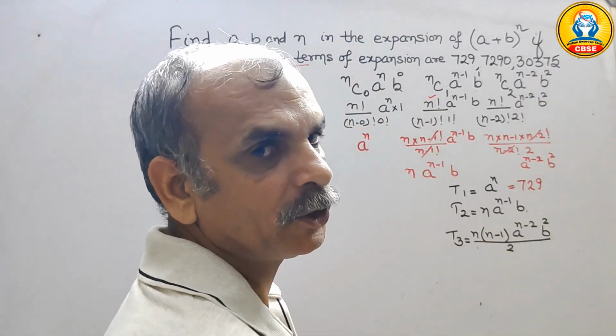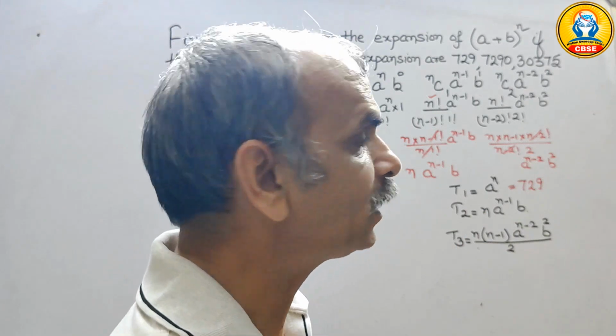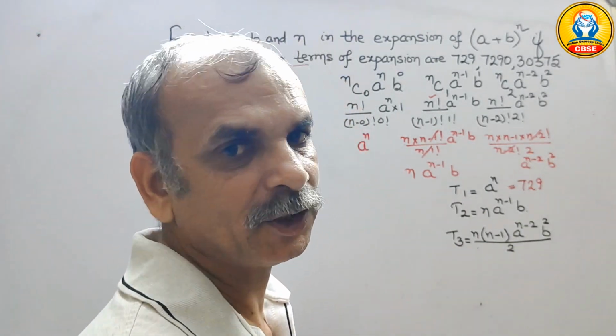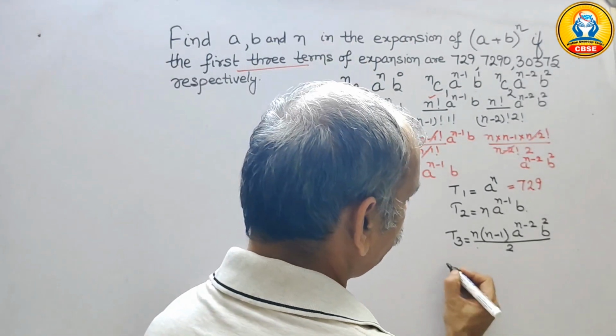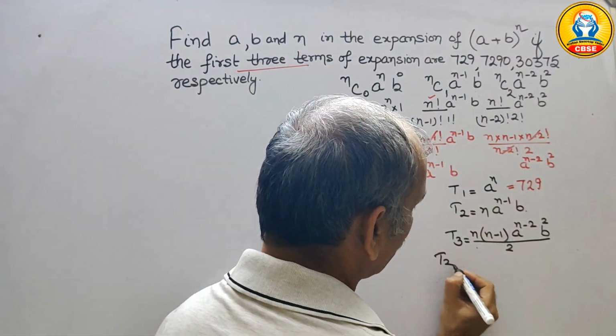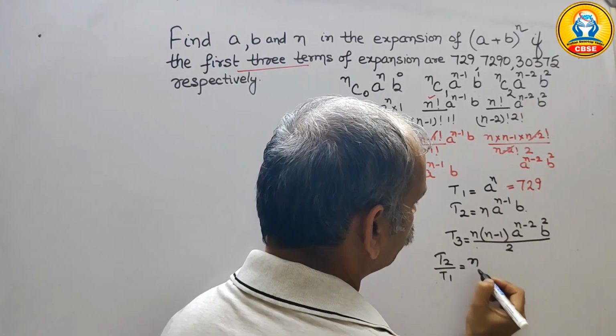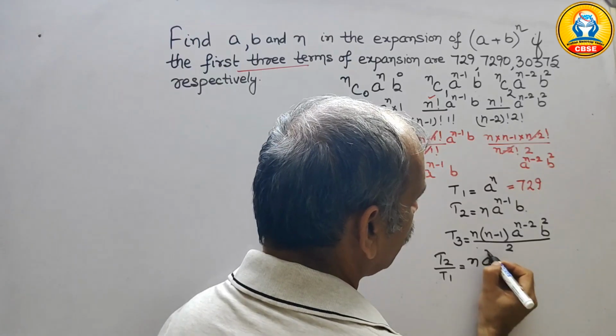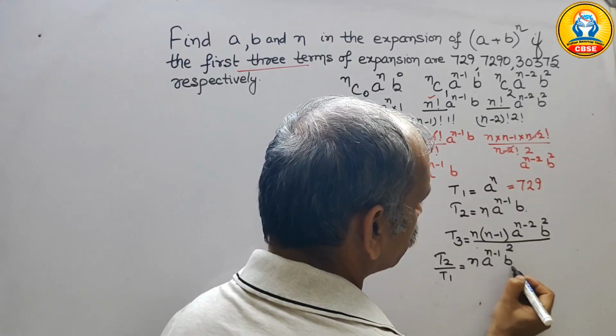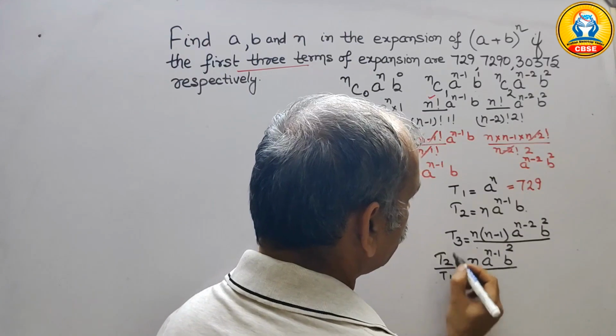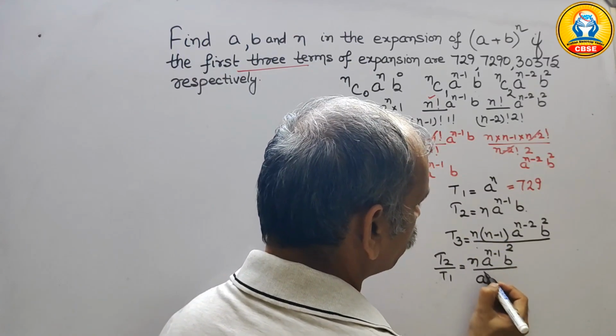Now we will take the ratios. We know that we can take the ratios. So here we will take T2 by T1. That is equal to n a to the power of n minus 1 into b by T1, which is a to the power of n.